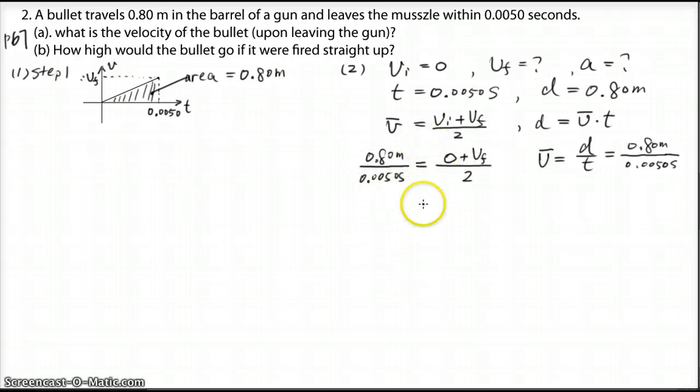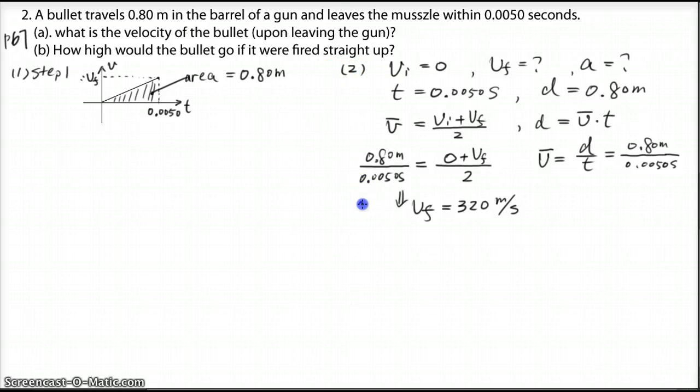Solve this equation and you should get V final equals 320 meters per second. All the information given has 2 significant digits, and 320 looks like 2 significant digits, so it's perfect. Okay, so that's for A.